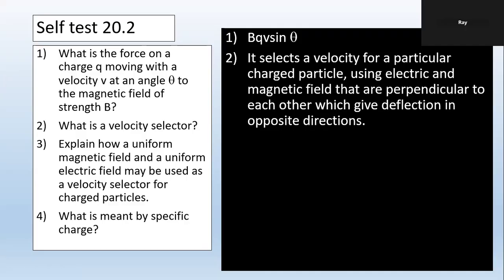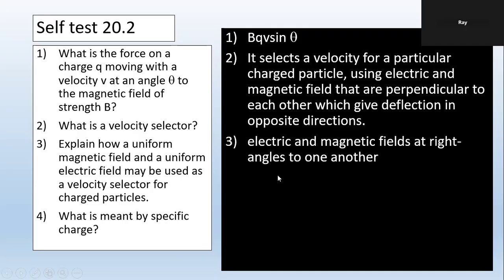Explain how a uniform magnetic field and uniform electric field may be used as a velocity selector for charged particles. Same as number 2: electric field and magnetic field at right angles to one another and give deflection in opposite directions. What is meant by specific charge?